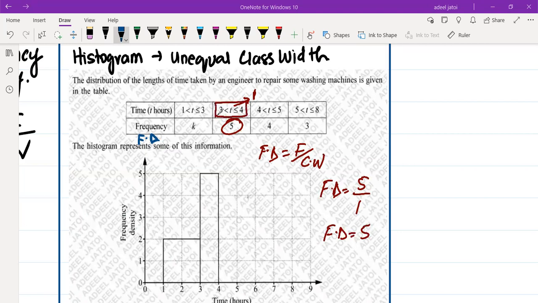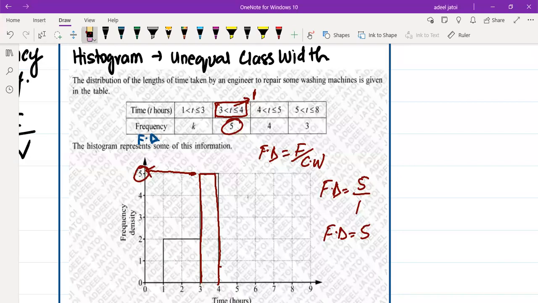For 3 to 4, the diagram is already made with the help of frequency density, which comes here as 5. So this diagram was drawn by the examiner based upon the frequency density.